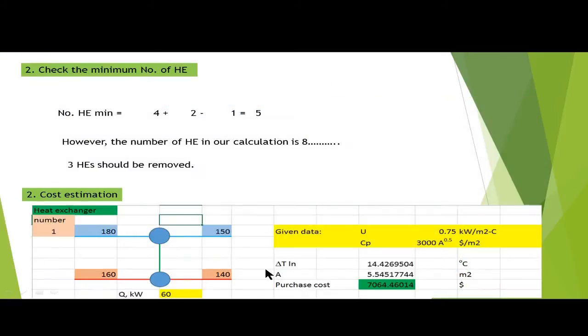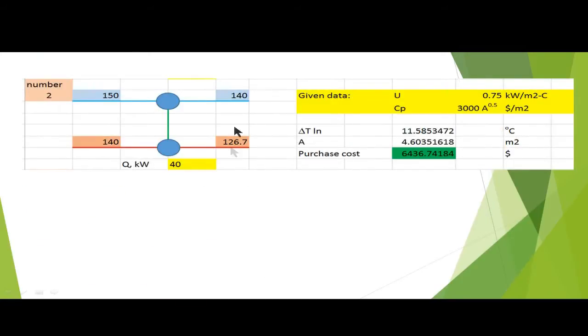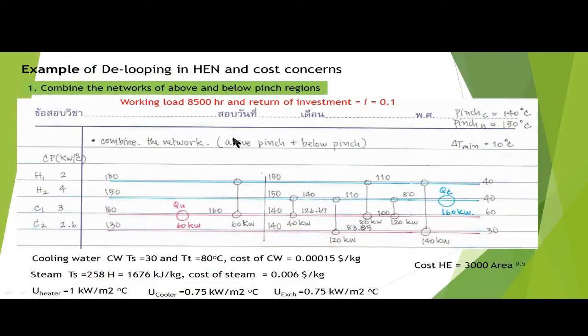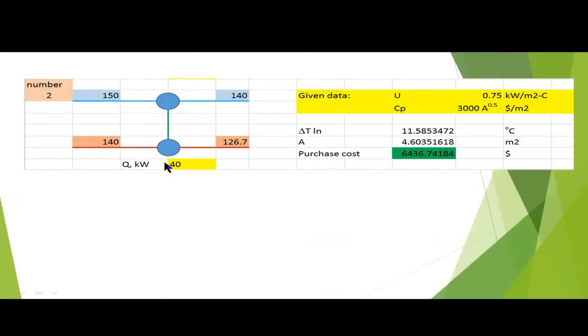So let's see what I can get, under the heat load of 40 kilowatt. Just put it in this, and the calculation shows that the purchase cost of this unit is about $6,400.